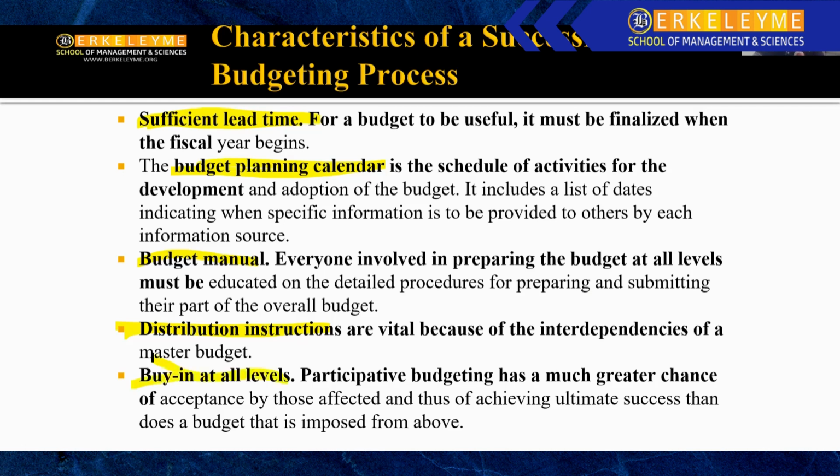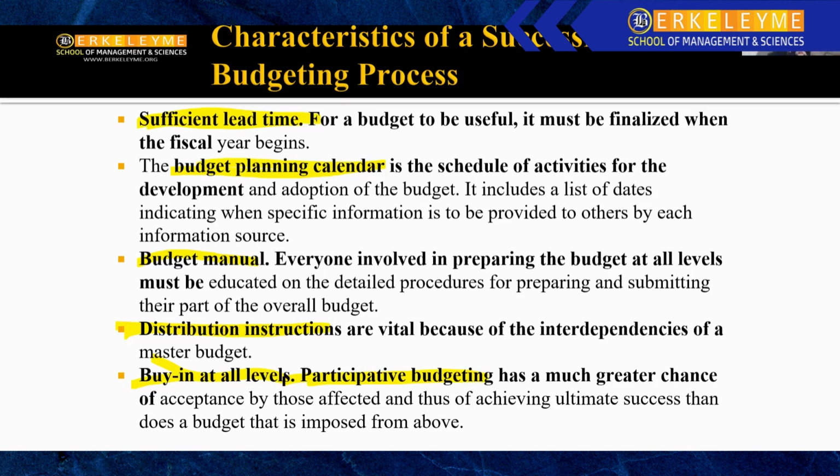Buying in means participating. Budgeting means that there are two ways to make a budget. One we call top down, meaning a boss will make it and tell everyone. No discussion, total consistency, and easy to make. The opposite, which every good company like Nestle, Apple, Microsoft is using, is participatory.